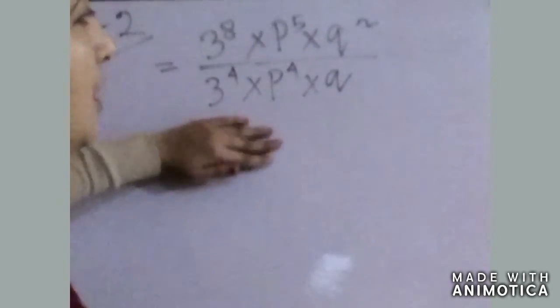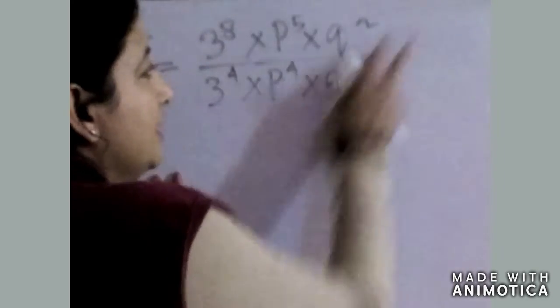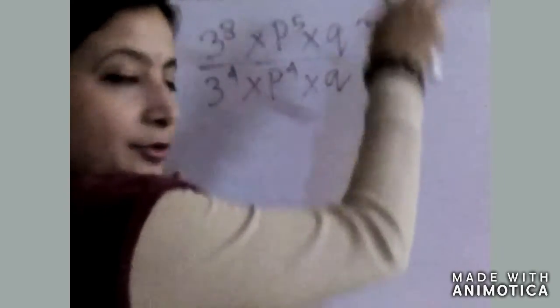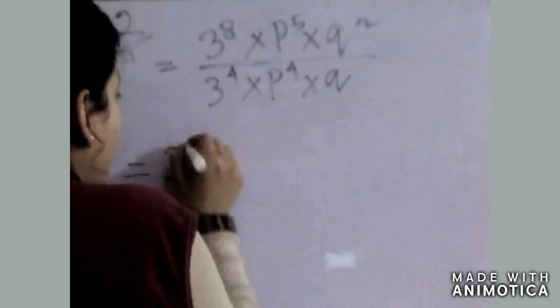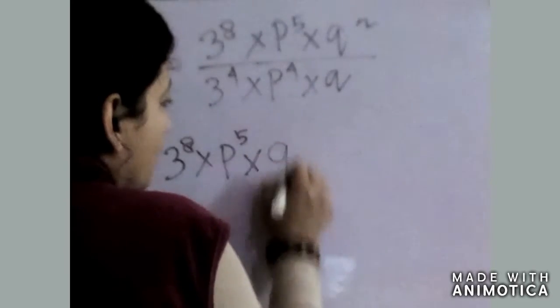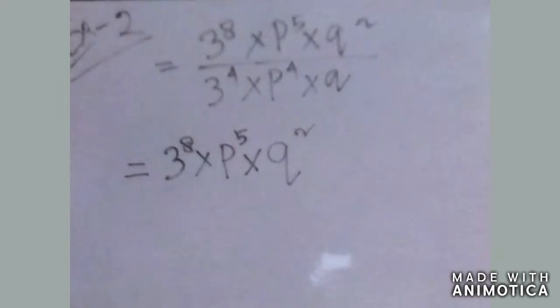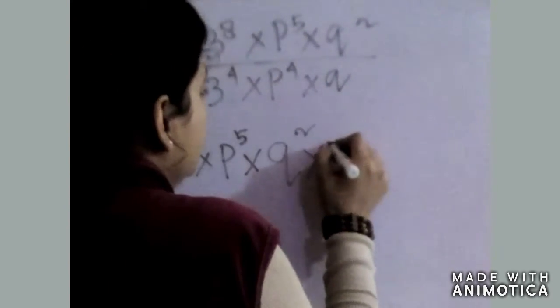want to write all the things in the denominator in the numerator. So what we have to do according to the rule, in the things which are in the denominator, their power will be negative when it comes into the numerator. So 3 to the power 8 into p to the power 5 into q square into, but the power will change.